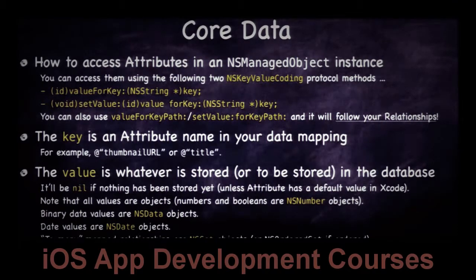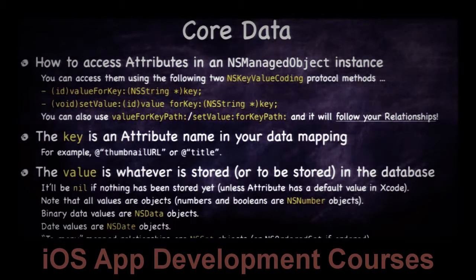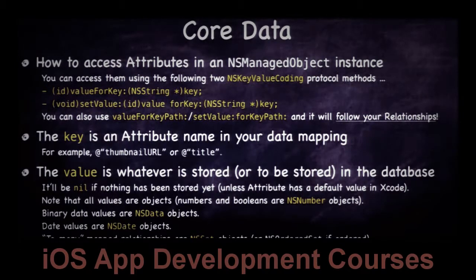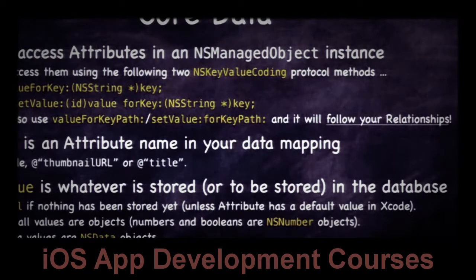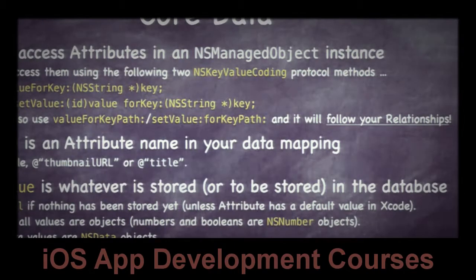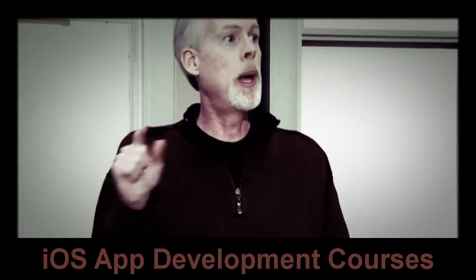You can also set, using set value for key, the relationships. So if you had a photographer, which maybe you inserted with that entity description thing, so now you have a photographer as well, you can just say to the photo set value, the photographer, for the key "who took". What's really interesting is that if you set that value who took, the photographer's photos set will automatically be updated. You do not have to set both sides of a relationship. And vice versa.